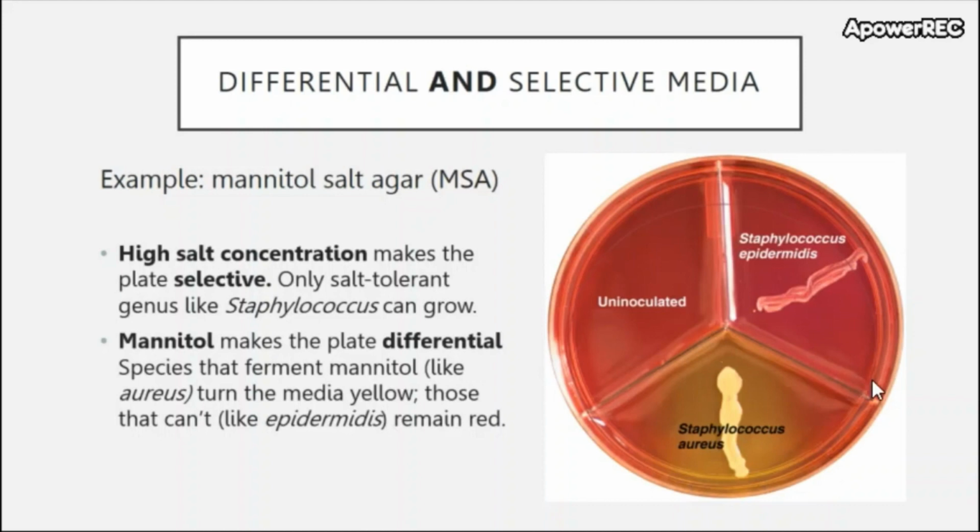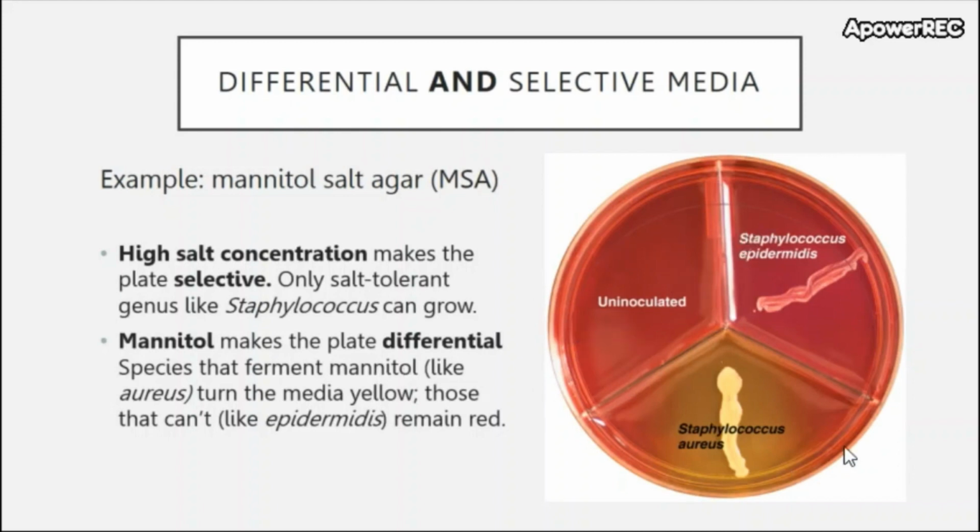If you remember in that image I showed you of the wort fermentation with the beer, as the sugars get consumed, acids can be produced by certain microbes. So if mannitol is a sugar that the organism is able to degrade and make acids from, it will change that phenol red from a red color, you can see in this uninoculated example, into a yellow color.